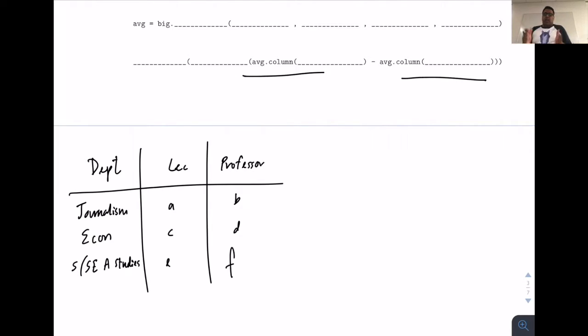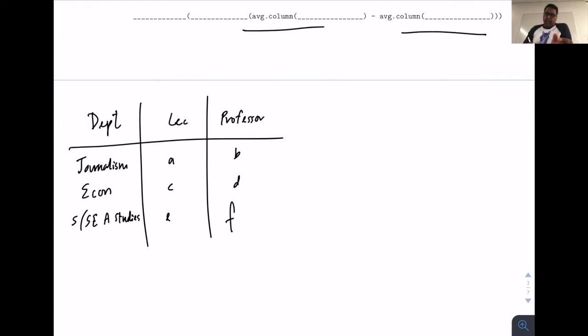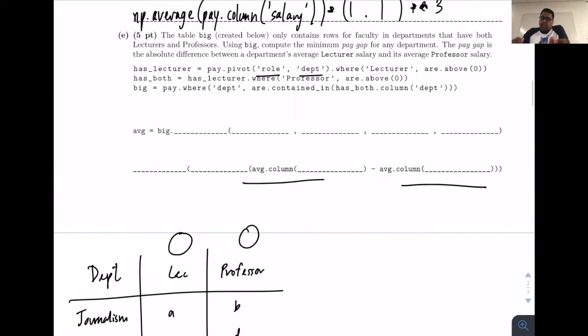If we were able to concoct a table that looked like this, that would be great, because we could just find the minimum difference between the average of this column and the average of this column, and that would give us the minimum value of our pay gap.